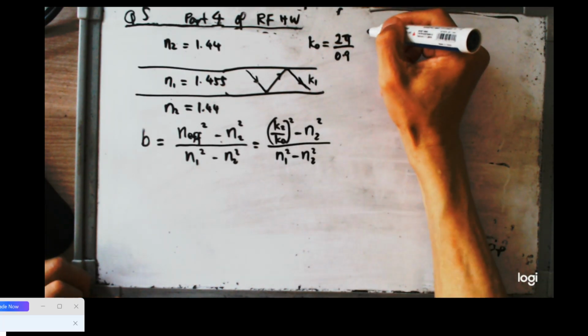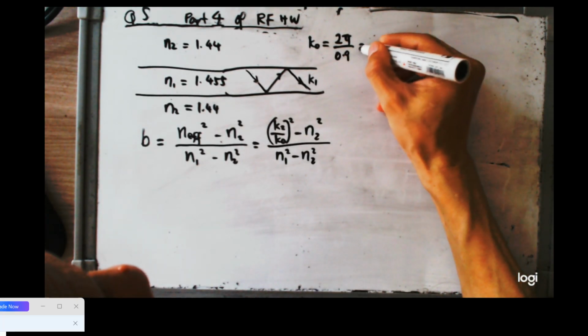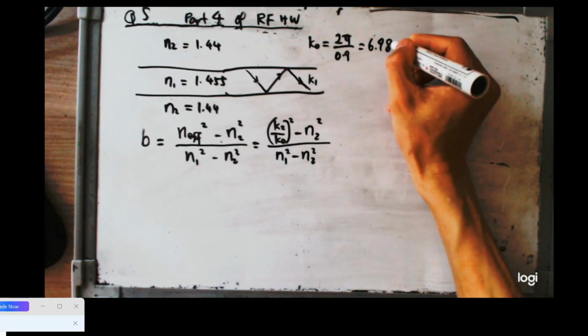So I got the value here. k0 is about 6.9813.